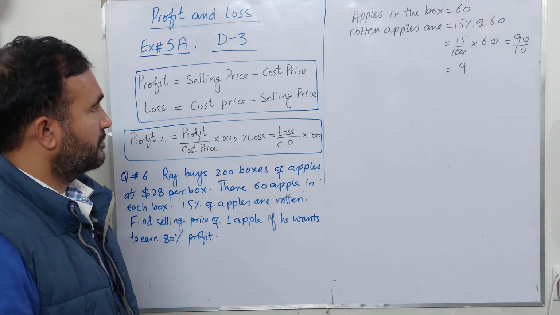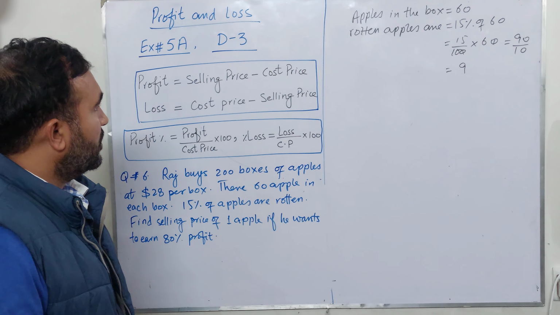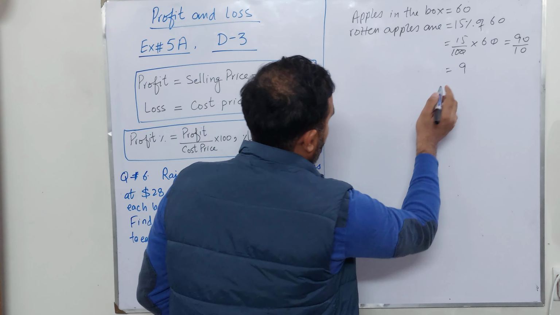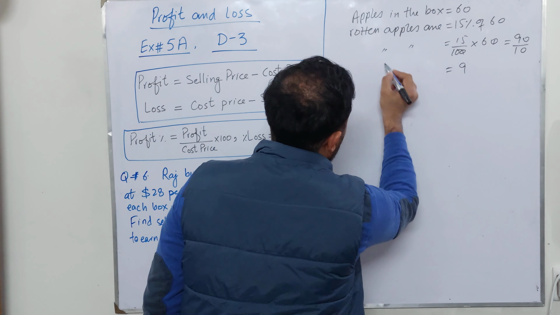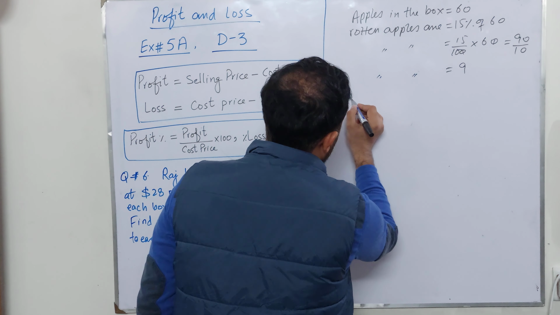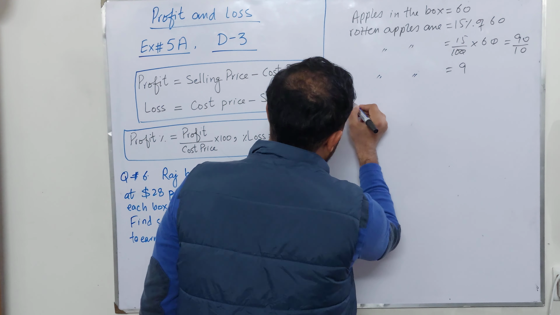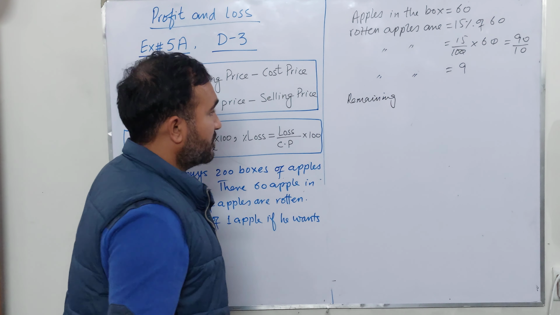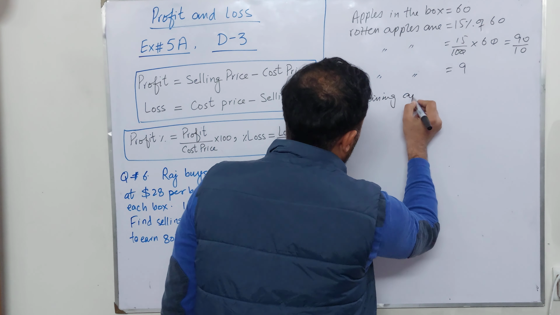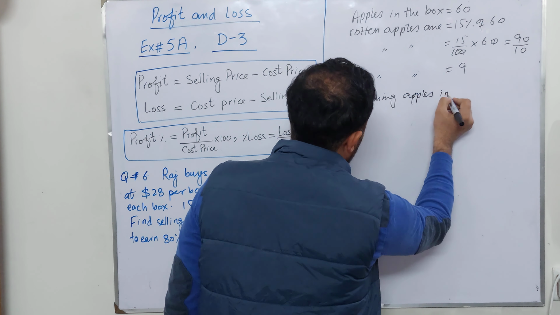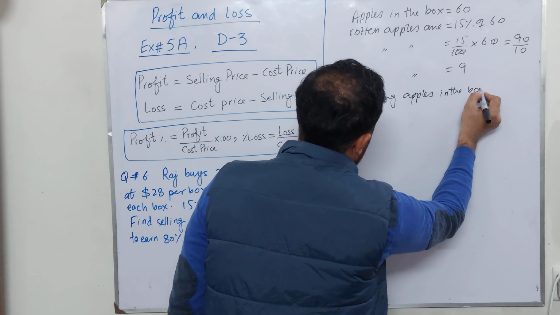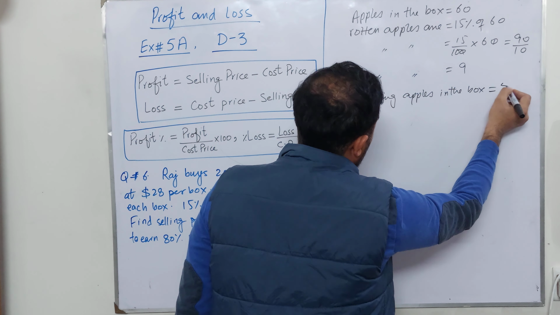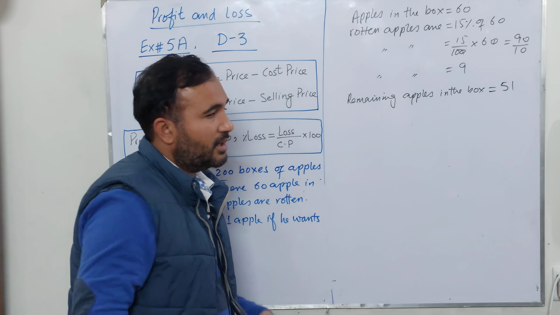Okay, so the cost price of one box is $28. First we need to write the remaining apples, the apples which are not rotten, right? So remaining apples in the box, if 9 are rotten out of 60, so we will have 51 apples which will be in good shape.